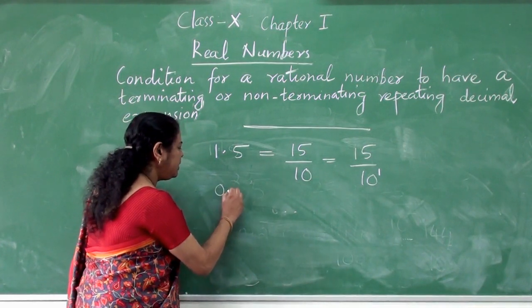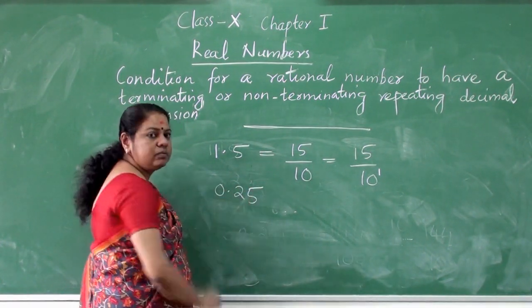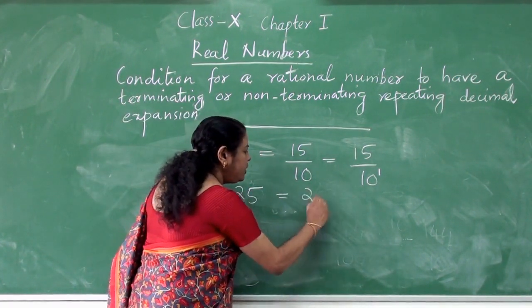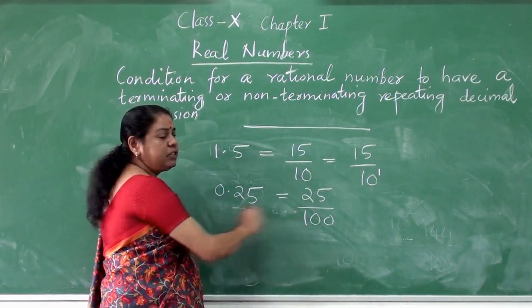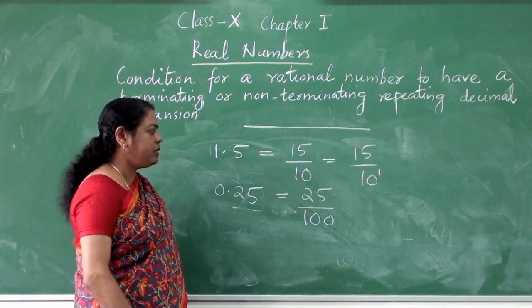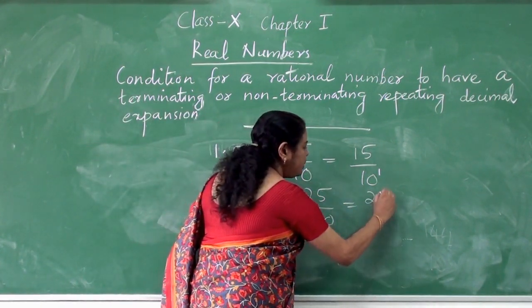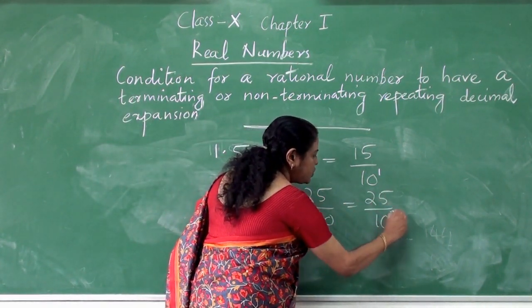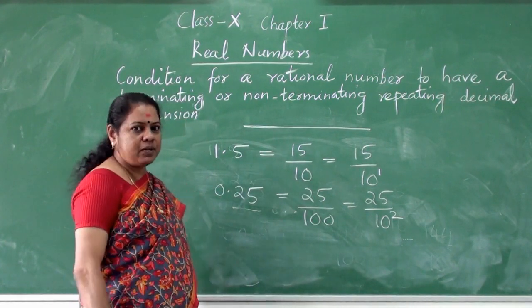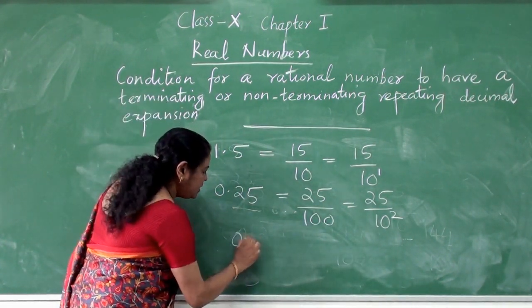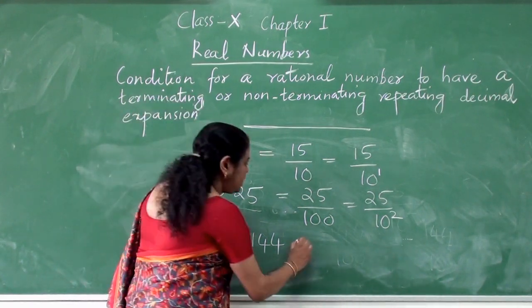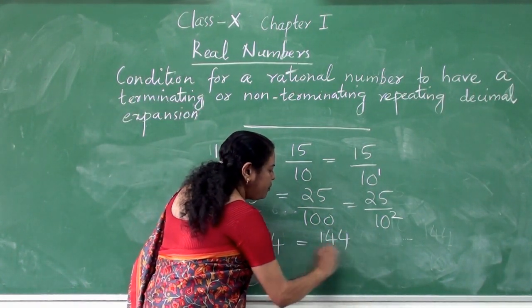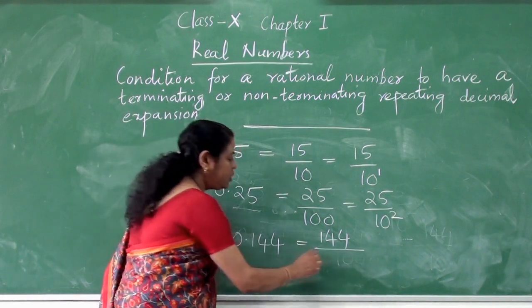Then consider another number, say 0.25. It is 25 by what? 100. Two decimal places. So 25 by 100. We can write it as 25 by 10 raised to the power 2. And consider another number, say 0.144. It is equal to 144 by how many decimal places? 3 places.